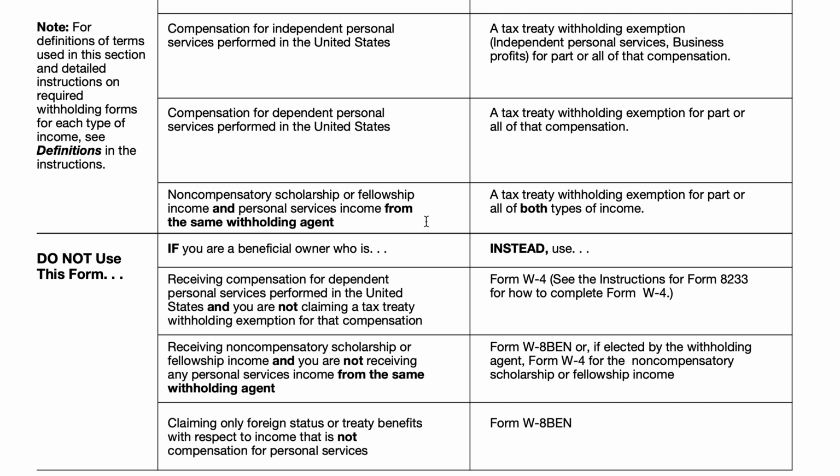If you're receiving non-compensatory scholarship and fellowship income, and you're not receiving personal services income from the same withholding agent, then you would probably use either Form W-8BEN or a Form W-4, depending on what the withholding agent is saying. And then finally, if you're claiming only a foreign status or tax treaty benefits with respect to income that is not compensation for personal services, then you would use Form W-8BEN.